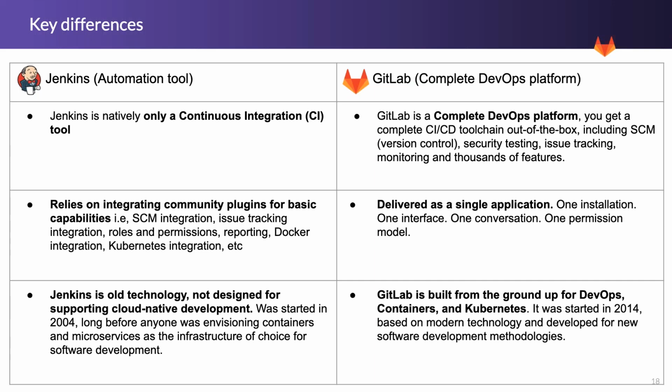So there is no feature to feature comparison here, because to be honest, everything that you have in GitLab, you will find an equivalent plugin that Jenkins will do. And if tomorrow we have another functionality, in Jenkins someone will develop another plugin. So you can do the same in both tools, but the idea is how complex it is to do it.